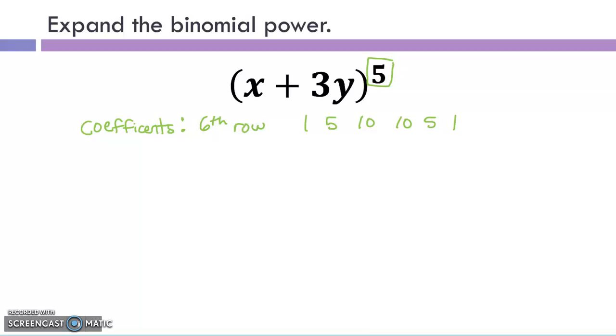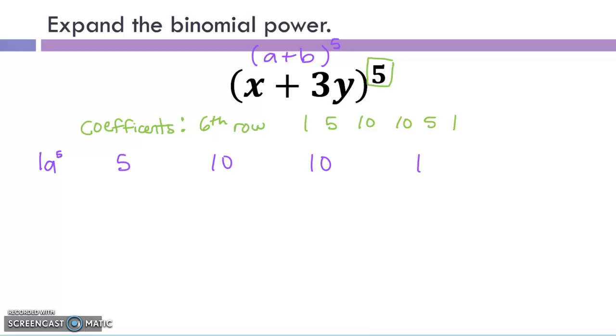So if this were, instead of x plus 3y, a plus b raised to the 5th power, I would simply have the coefficients 1, 5, 10, 10, 5, 1, so that 6th row, and then I would multiply by a to the 5th power.